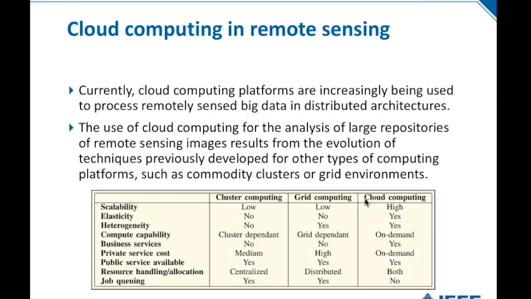But if we have a large distributed repository, probably the cloud is the best solution because of the nature of cloud computing implementation. It is a distributed architecture which evolves from cluster computing and grid computing, but provides additional features which are very important for our targets, such as scalability, elasticity, also heterogeneity, which is very important because we generally build clouds using different heterogeneous resources.